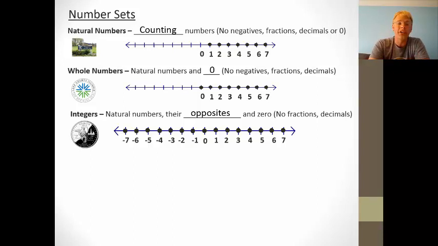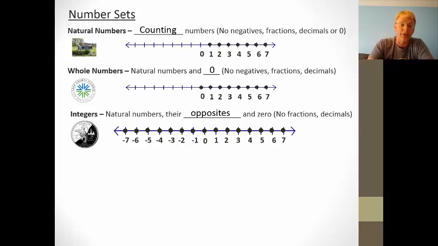So you can see all the numbers in the natural numbers and all the numbers in the whole numbers are inside the integers, just the same way the people that live in Grayslake are inside Lake County, and all the people who live in Lake County are inside Illinois. Integers is like our state. Notice still, though, we have no fractions and no decimals in these first 3 number sets. Those are not living in these number sets yet.